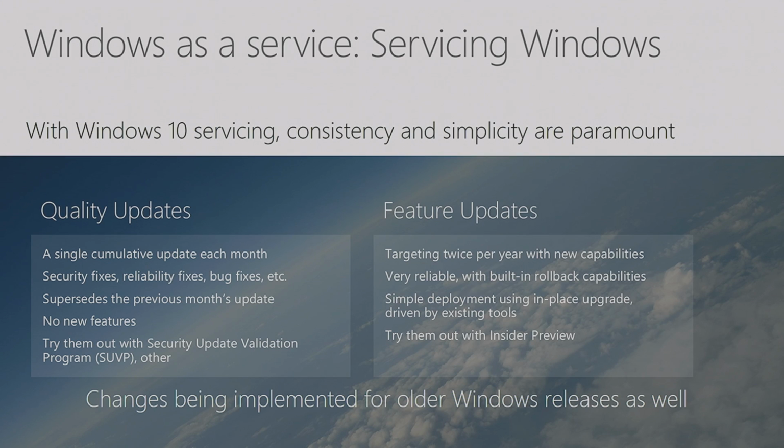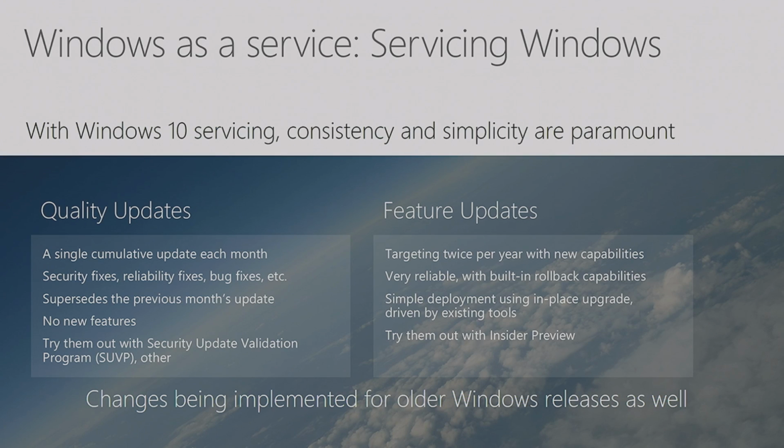For the quality updates, it's also worth mentioning that we tend to simplify it a little bit when we're talking about one new update per month. It's actually a little bit more than that. We'll release updates at other points during the month, but never with any security fixes. The security fixes will be in the Patch Tuesday update, but on other Tuesdays in the month you may see additional updates with new non-security fixes in them.